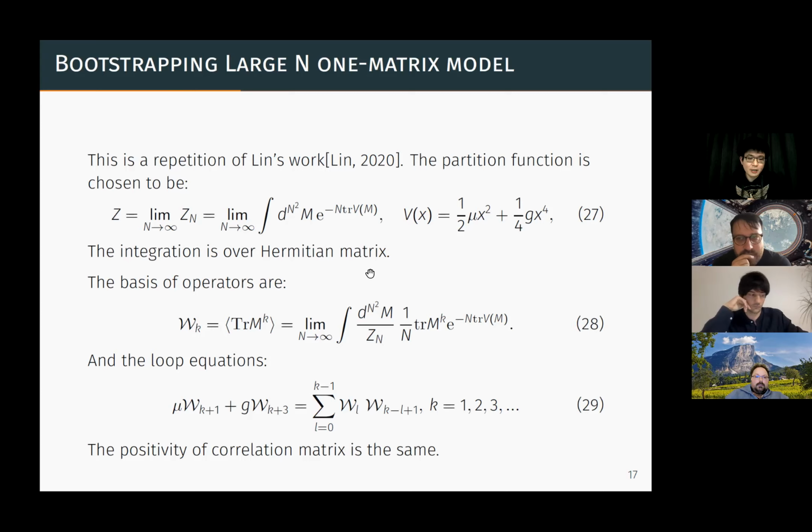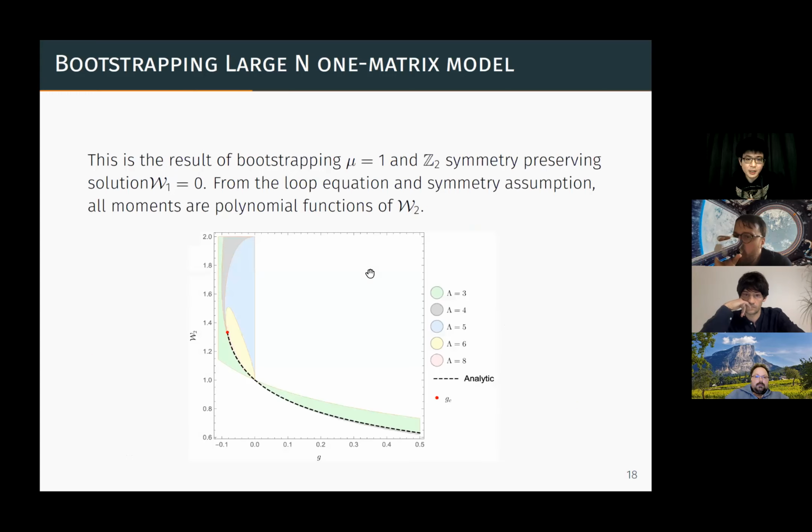The positivity of the correlation matrix is exactly the same as for the single variable integral. So this is the numerical result for this case. Here we assume that mu equals 1, so there is only a single cut distribution. And we also assume the Z2 symmetry, that is, W1 equals 0.